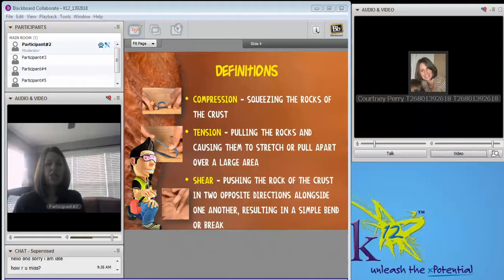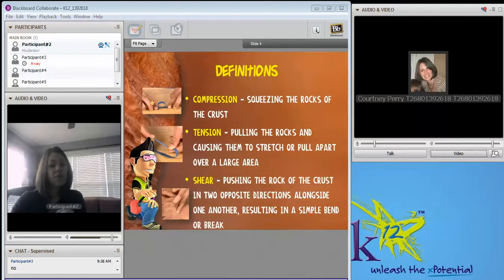And then shear is pushing the rock of the crust in opposite directions. So one side's going one way, the other the other way, alongside each other, and it results in a simple bend or break in the rock. Any questions on any of these definitions? Compression, tension, or shear? All right.